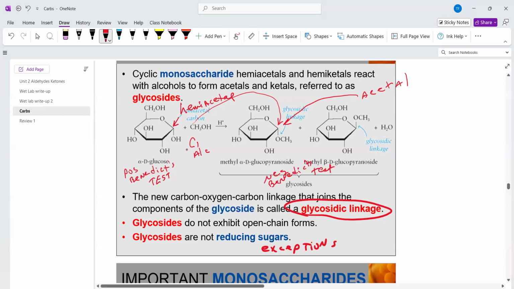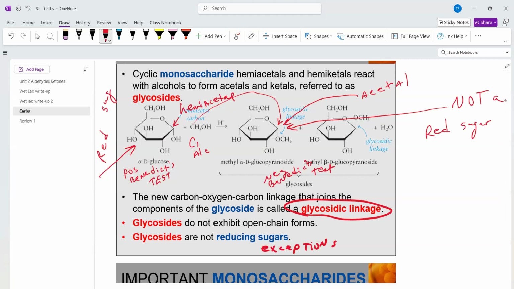So this guy is a reducing sugar. This one is not a reducing sugar because there's no hemiacetal present.